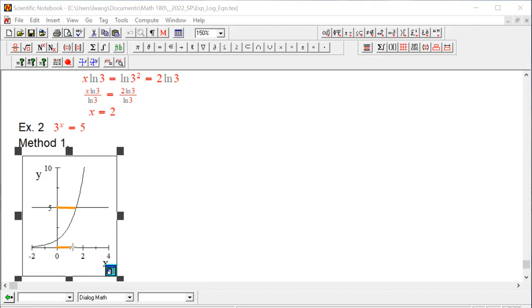It's not going to be precisely 2 because this time the output is 5. And the vertical is 5. And this piece, that's x. We don't know. So how do we find it?